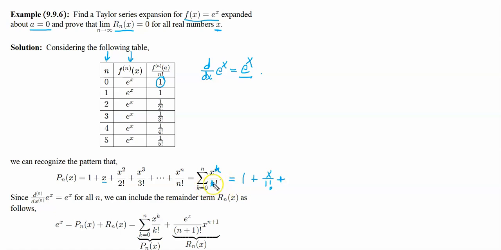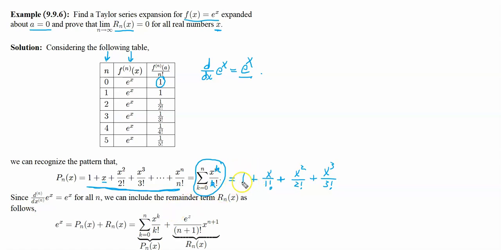If we put 2 in for the k, we get x squared over 2 factorial. If we put 3 in for the k, we get x cubed over 3 factorial. And so on. Okay, so you see we are recovering this. So this is just summation notation for what we have written right here.